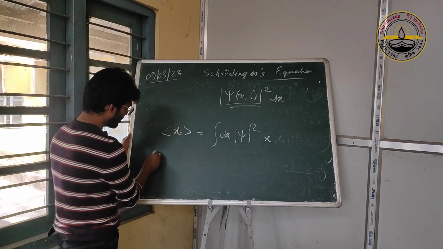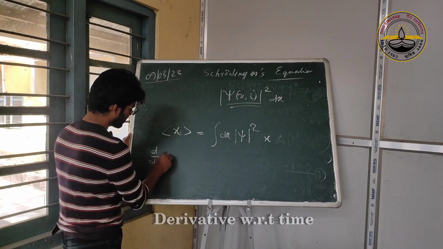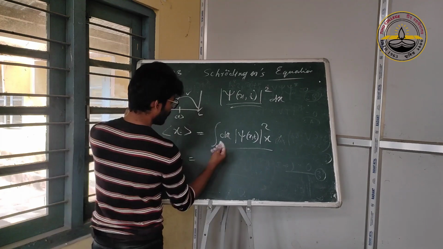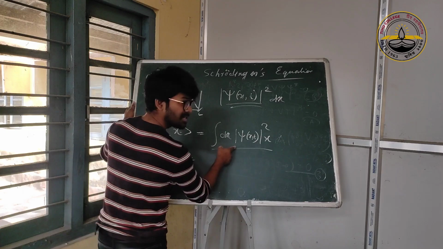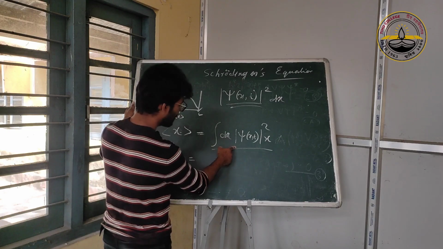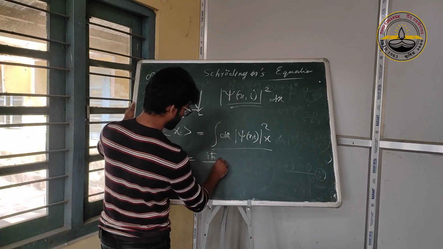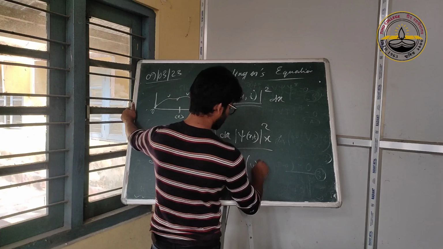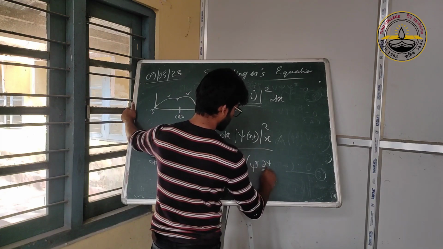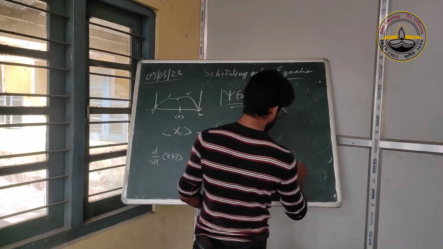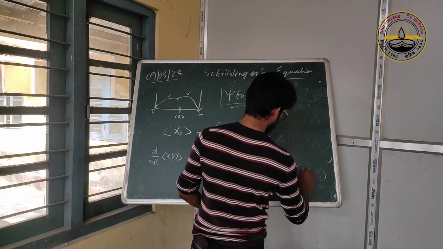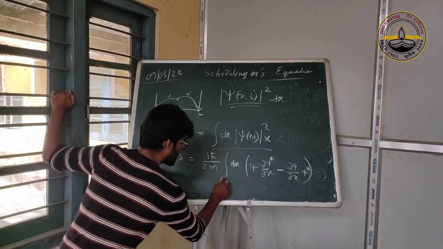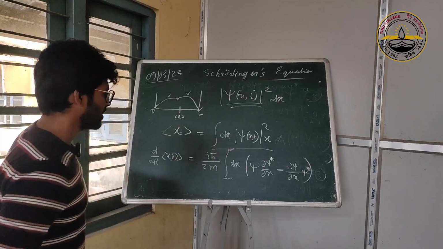What happens when we take a derivative of this expectation value? So, this is the expectation value of position. We know what happens. We know what is the d/dt of this. If you remember, it was i h-bar by 2m, integral dx of psi star del psi del x minus del psi del x psi star, from minus infinity to plus infinity, right?